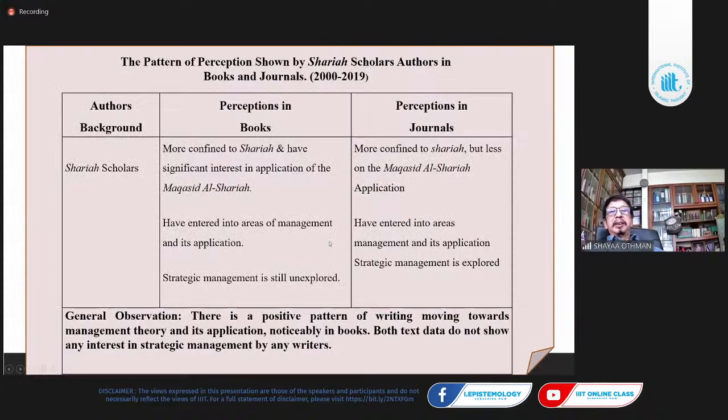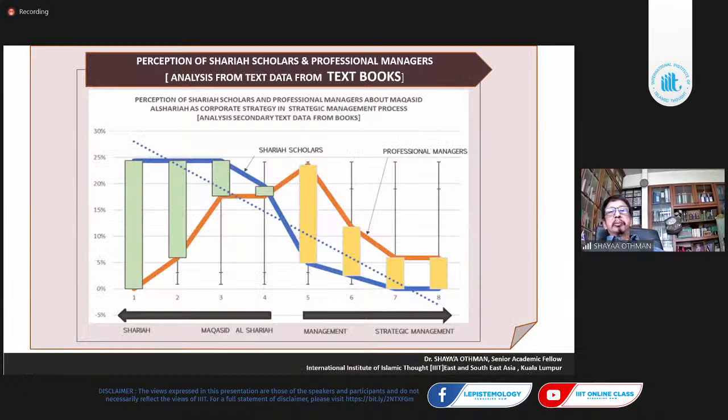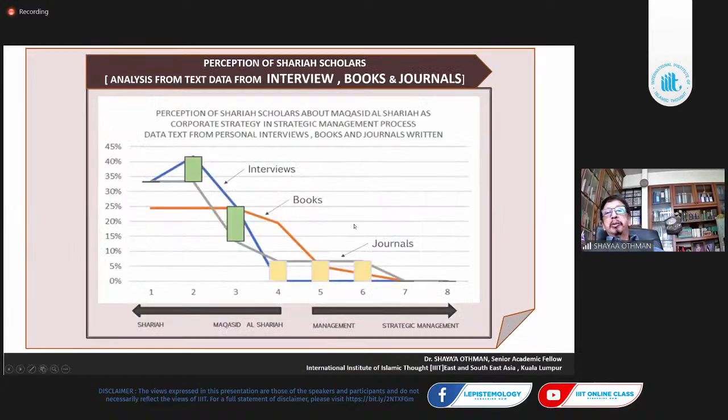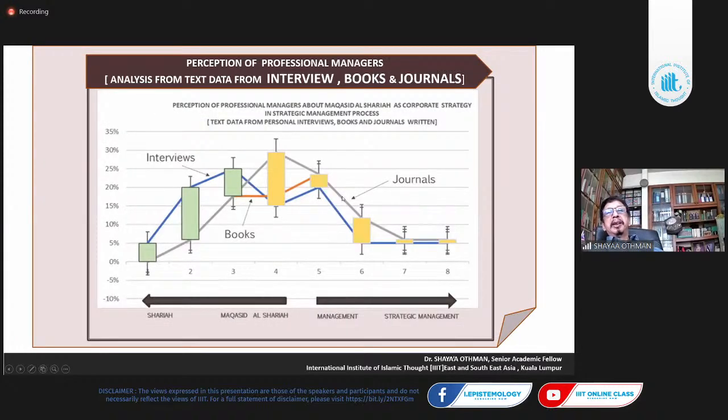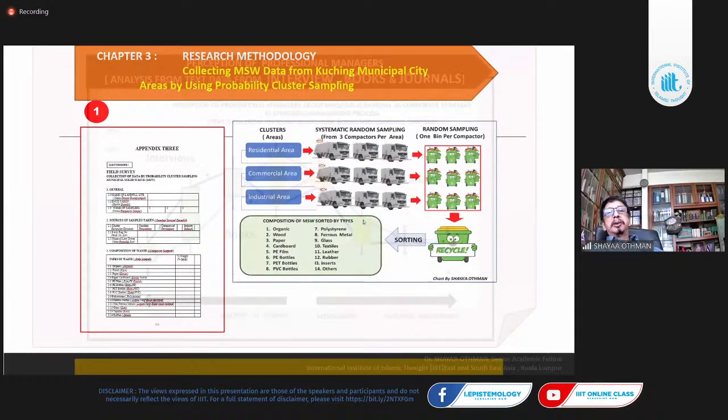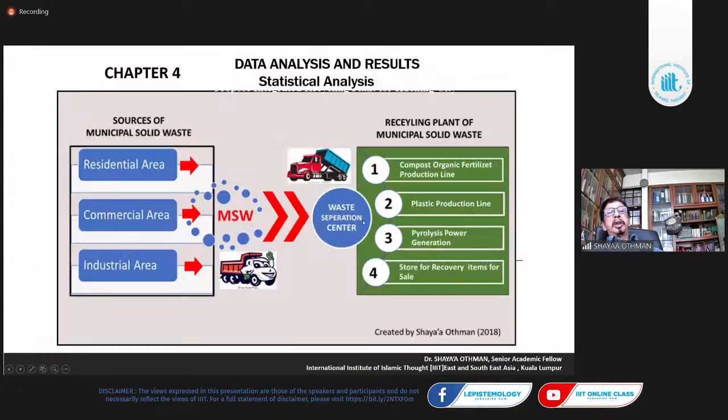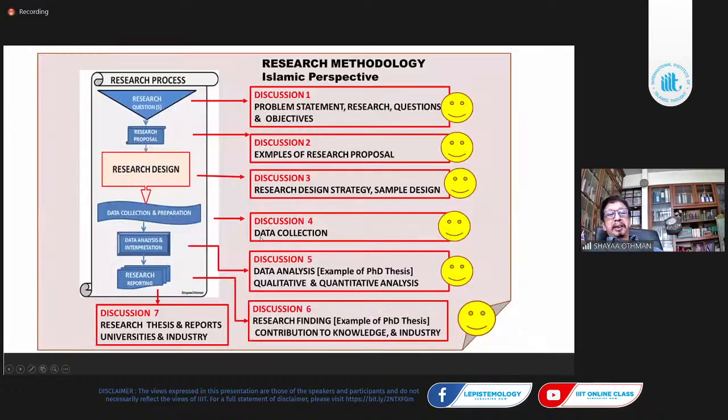You can see there are many examples here from books, interviews, and journals, three elements of patterns of thinking. You can see normal distribution and so on, and these are all mathematical analysis. At the end of the day, we can see that Maqasid al-Shari'ah fulfills this plan into design.